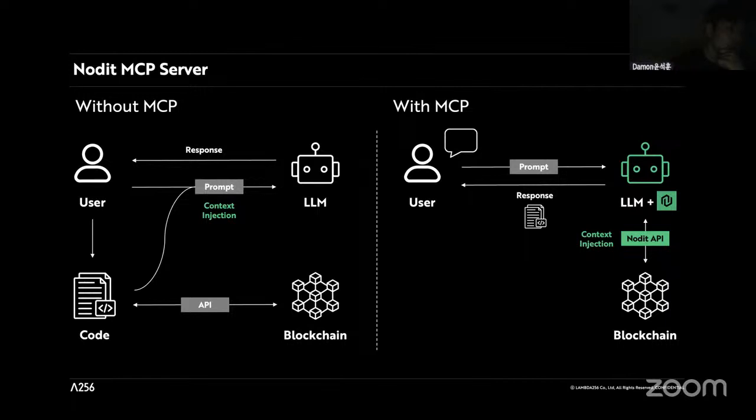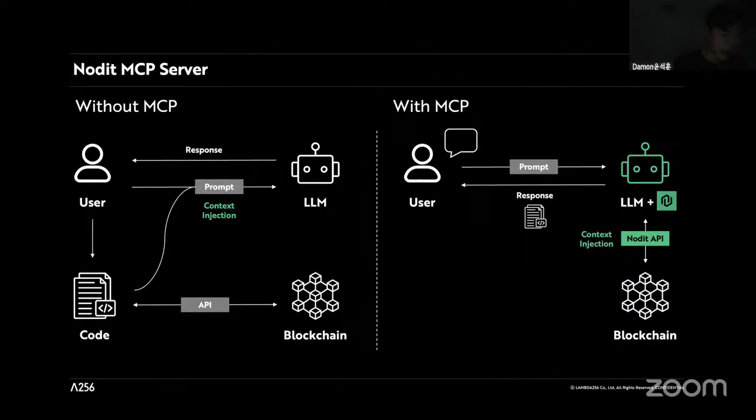To make this even clearer, here's a side-by-side comparison of what happens with and without MCP. On the left, without MCP, the process is manual. The user has to write code, call APIs, collect results, and then inject all of that back into the model's prompt like this. And finally, the user can get the response from the model. It takes time and it breaks the flow.